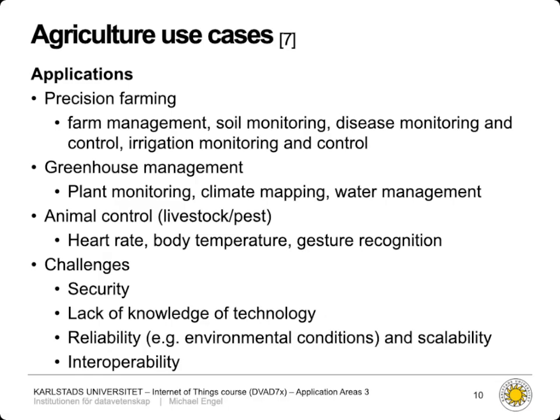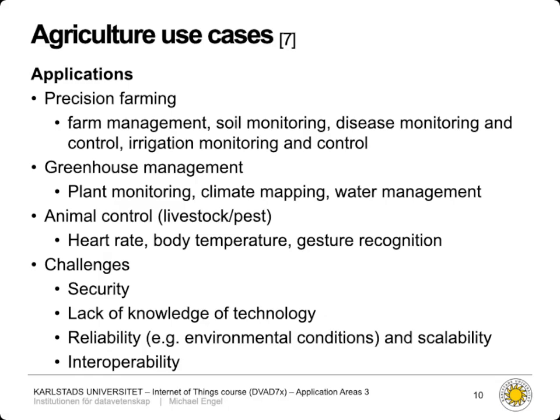If you grow animals, then you want to have animal control on the one hand for your livestock. So if you have livestock that's running around freely, like maybe sheep or cows, you want to figure out where they are, but you also want to check their health. So you want to check out, is there a sick animal? You want to check the heart rate, maybe the body temperature.